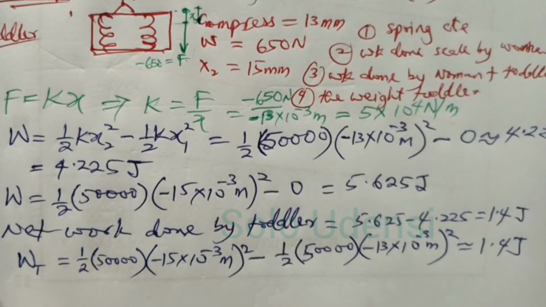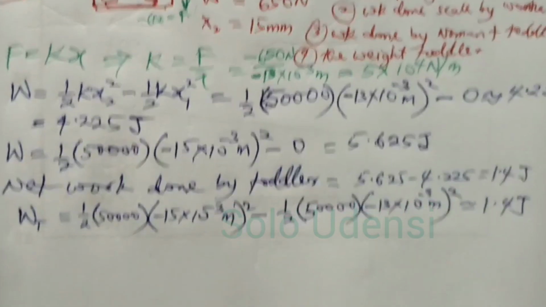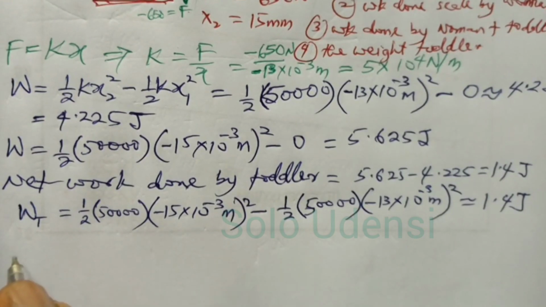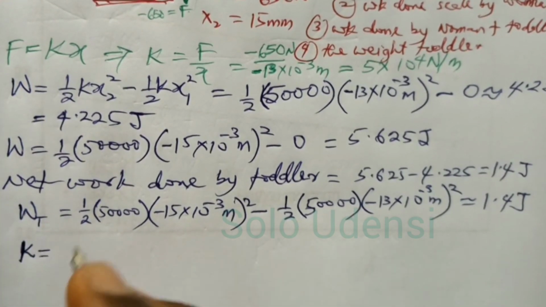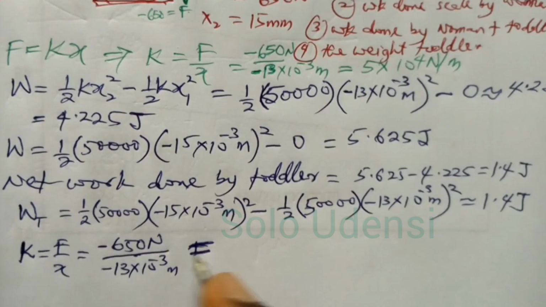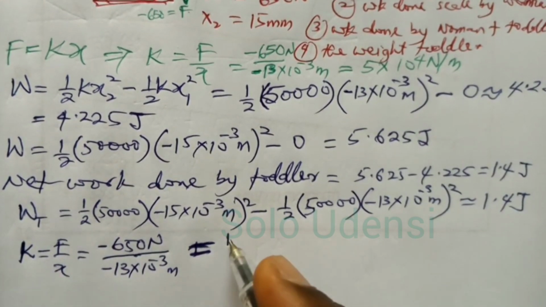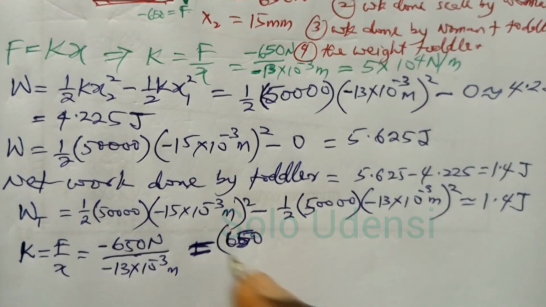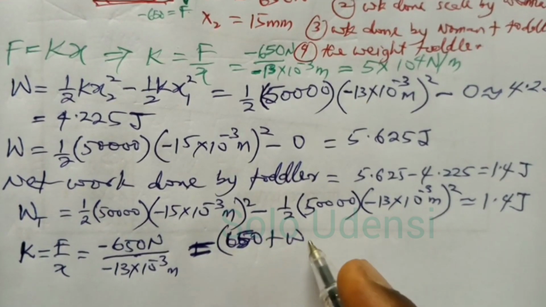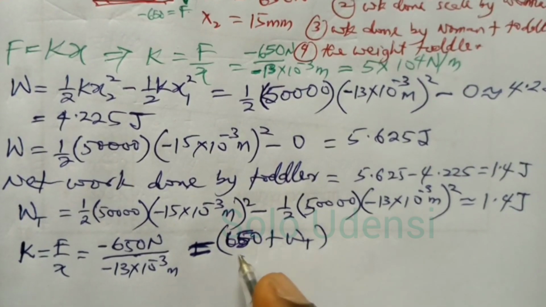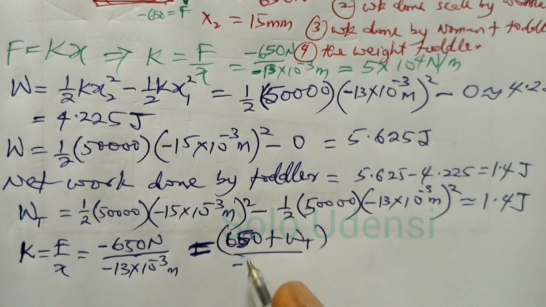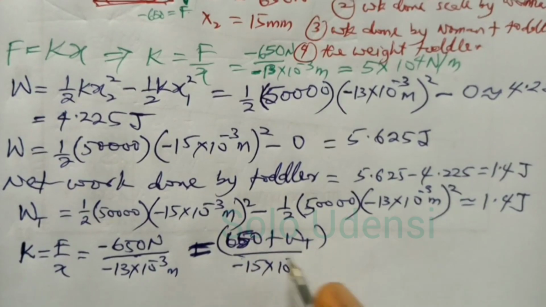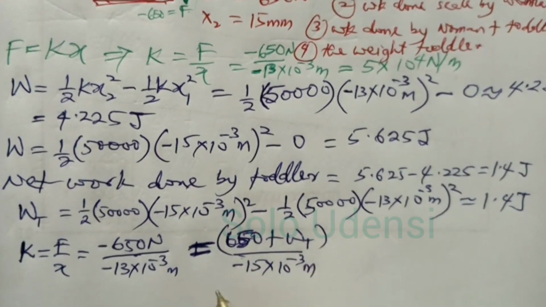So D, to find the weight of the toddler, we have seen force constant k is equal to, since it's a constant, 650 plus the weight of the toddler all over minus 15 times 10 raised to the power minus 3 meter.